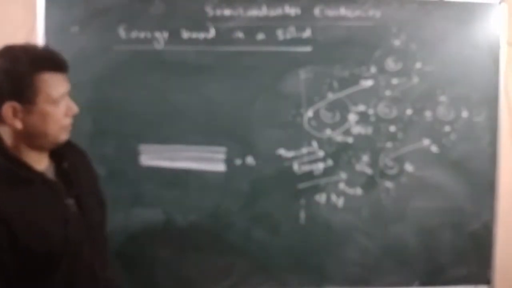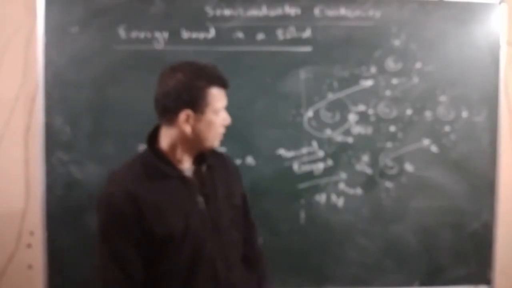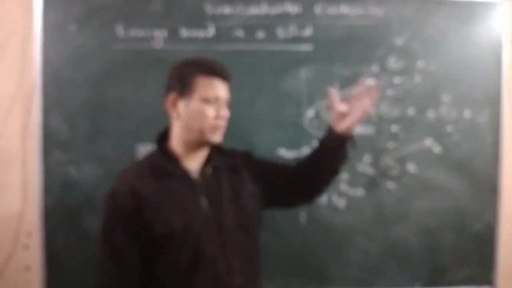Okay, now you see this electron which has now become free, why did it become free? Because it has got energy.